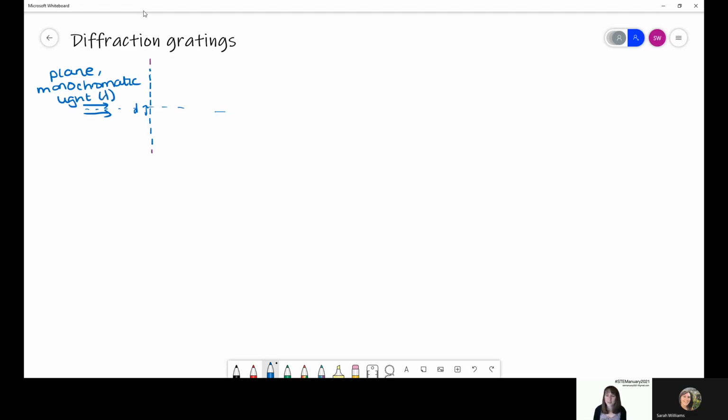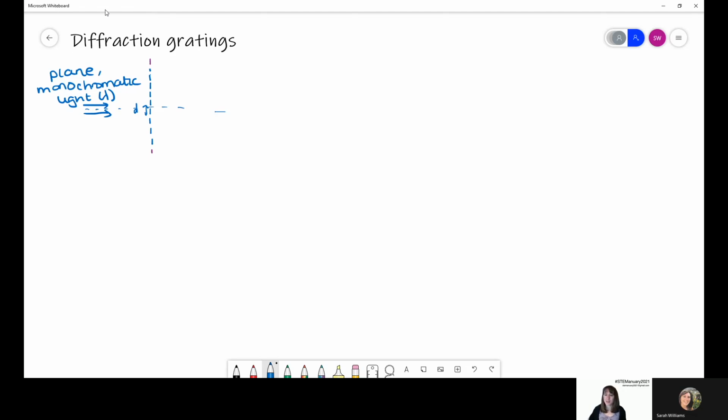And as I said in the introduction, with diffraction gratings, because the light from each of the slits is going to interfere on your observation screen, then we get very narrow, bright intensity maxima on my observation screen.